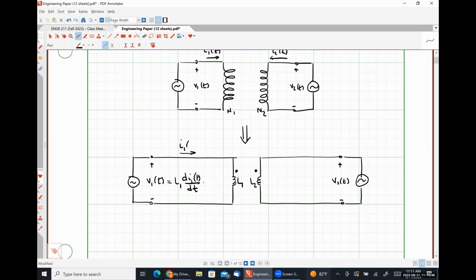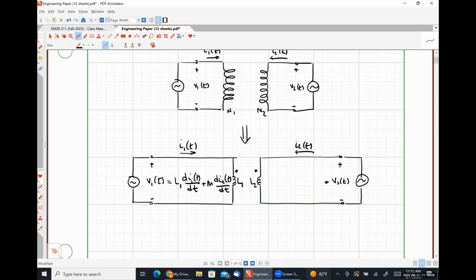And then we're also going to have a mutual inductance term, M, where I2 is flowing in this direction.